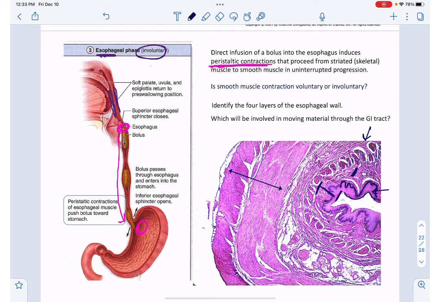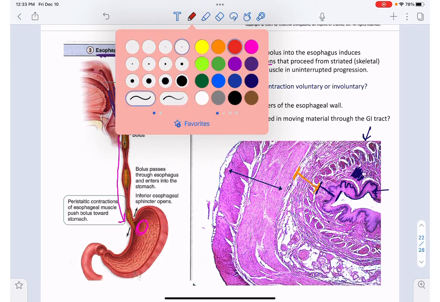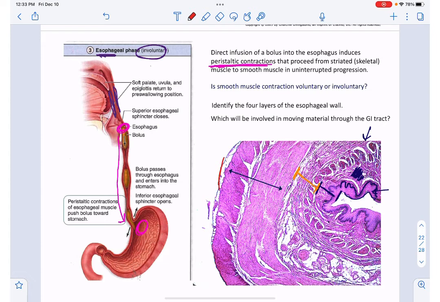And then beneath that is the underlying connective tissue, which is going to be areolar tissue. Then you get into the submucosal layer, which is about right there. The outer layer is the serosa. That's the visceral peritoneum.